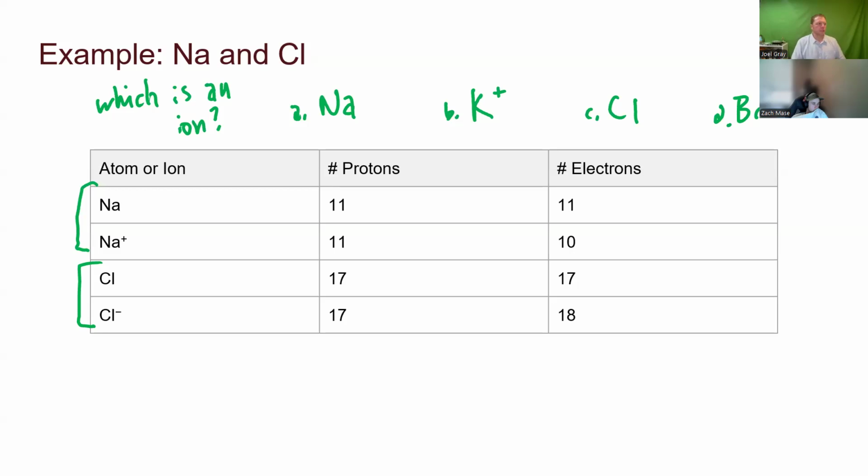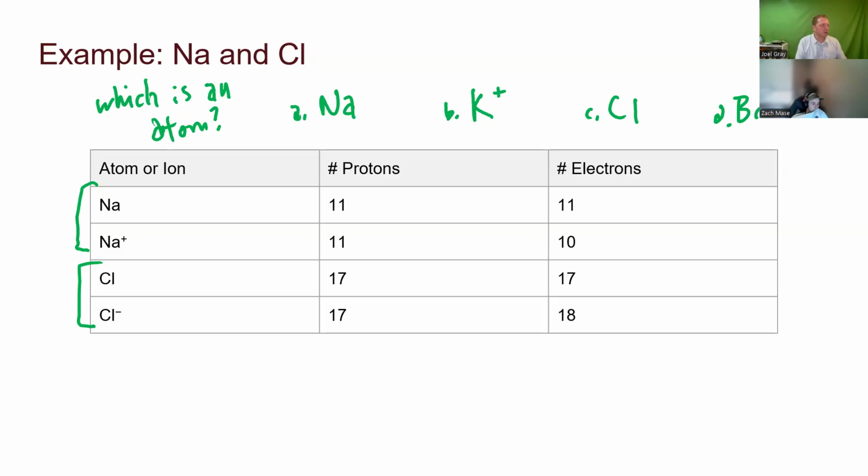Now, if I were to instead say which of these is an atom, well, that would be A, C, and D. Now, the difference between them is A, C, and D. What is the charge on A, C, and D? Neutral.